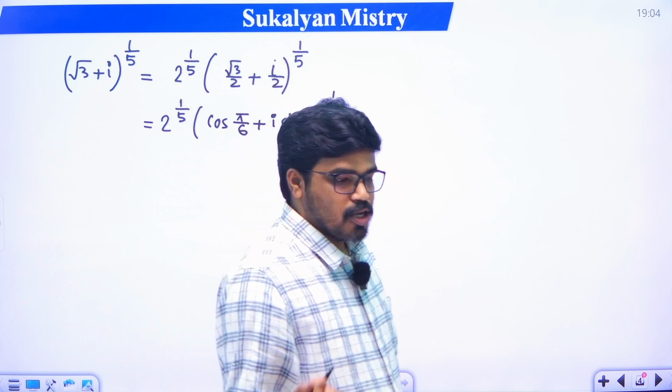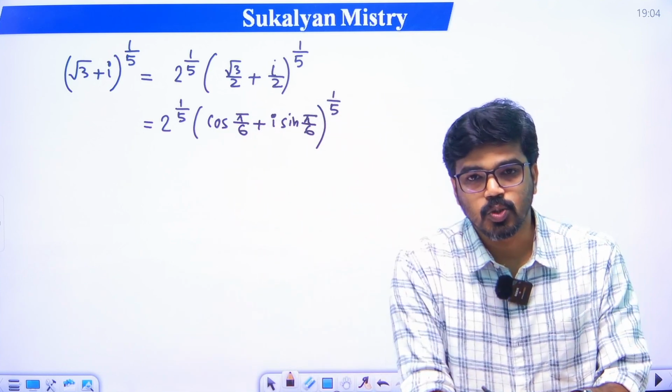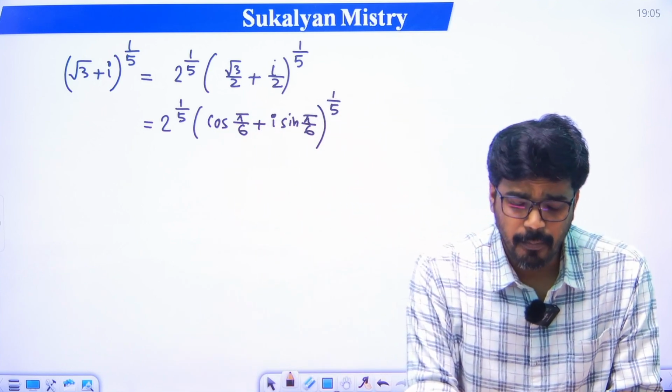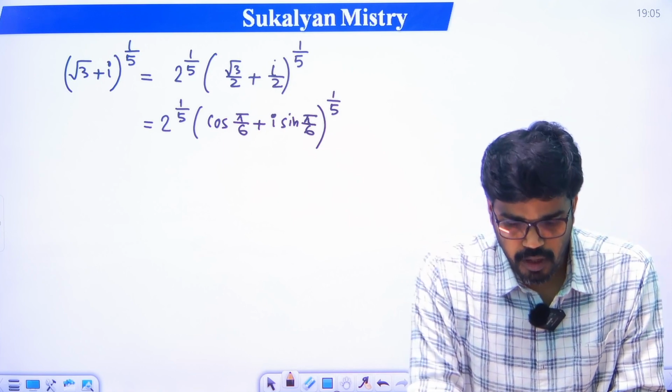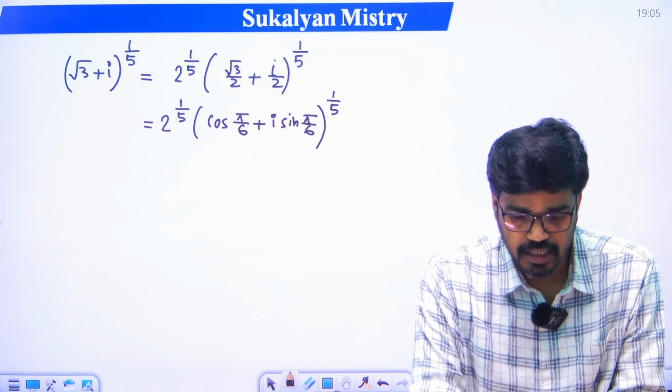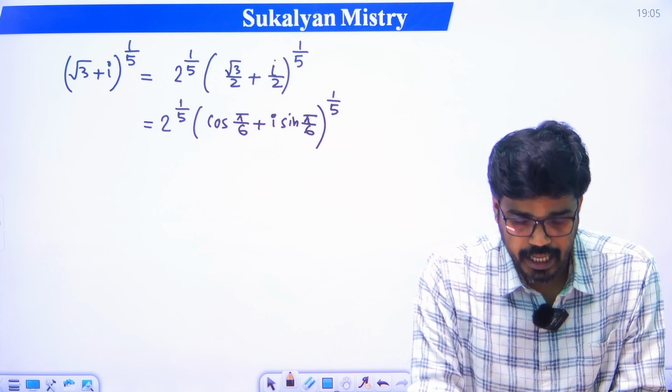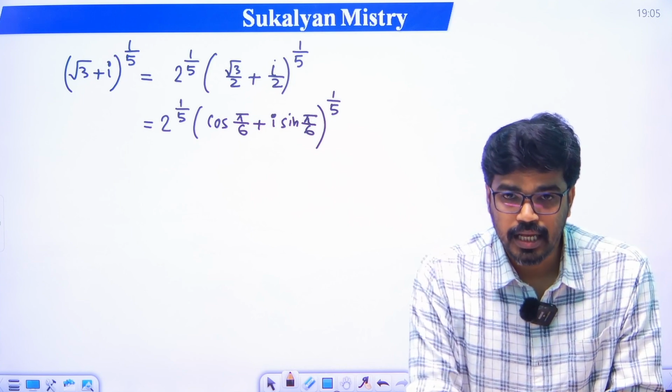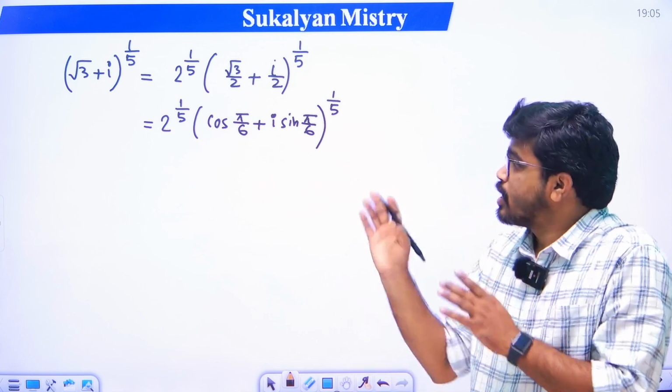Okay. So step 1 is we have to convert the complex number into polar form. That is the first step. Next, we have the second step for this.